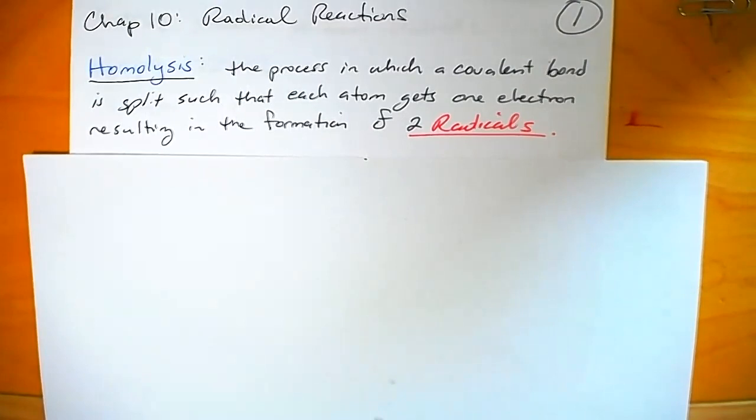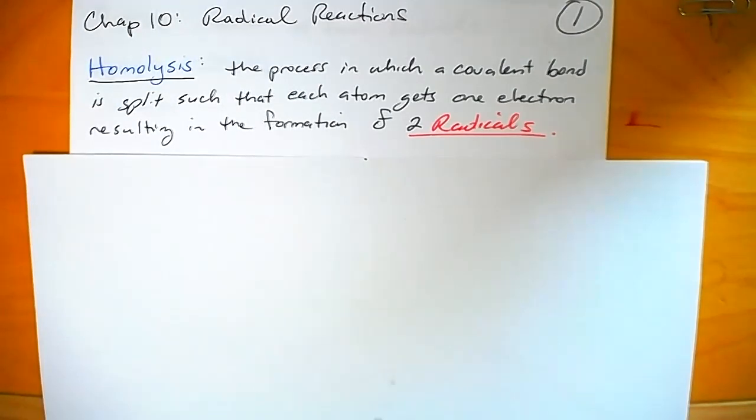So the definition of a radical reaction, well, a radical itself is a high energy electron deficient species that has a single electron in its atomic orbital that's highly reactive.